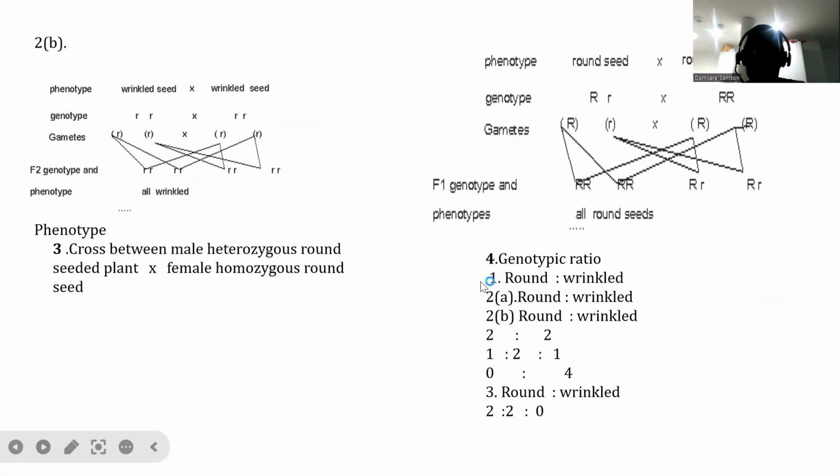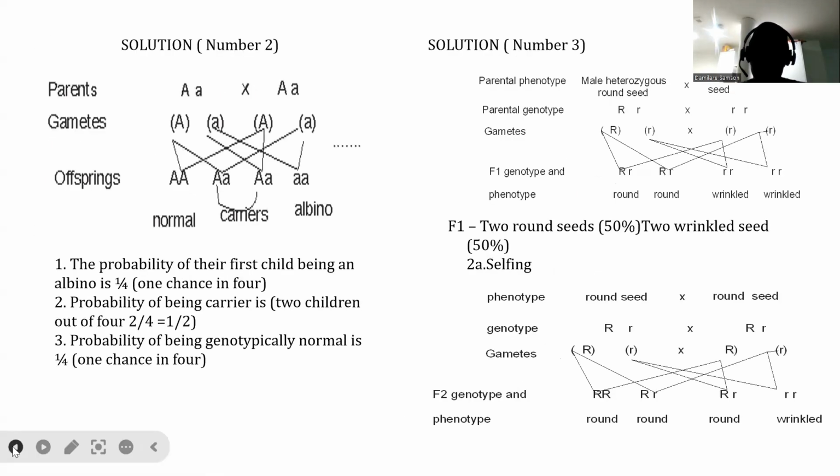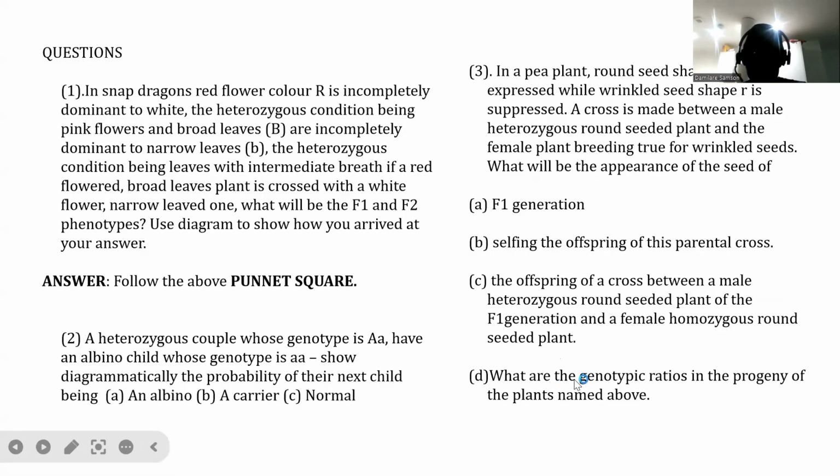Now the fourth one asks for the phenotypic ratio of everything from beginning to end. So you have round to wrinkled, round to wrinkled, round to wrinkled: 2:2, 1 ratio. And what are the genotypic ratios in the progeny of the plants named above?